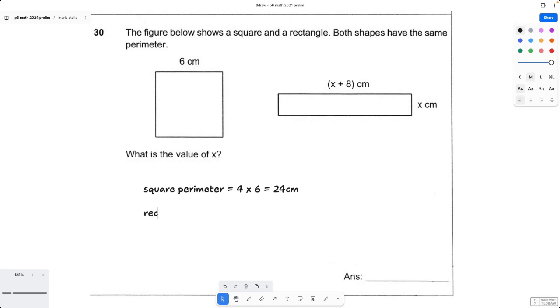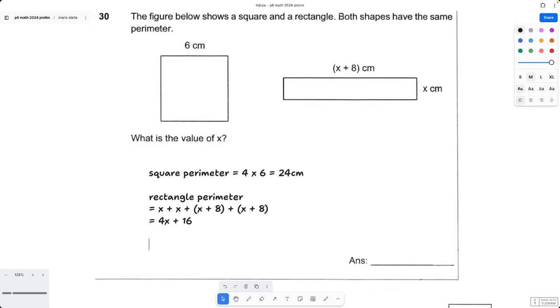And then the rectangle perimeter is equal to 2 times, why did they use x? Okay, x plus x plus 8, and then plus x plus 8. That means it's basically 4x plus 16.